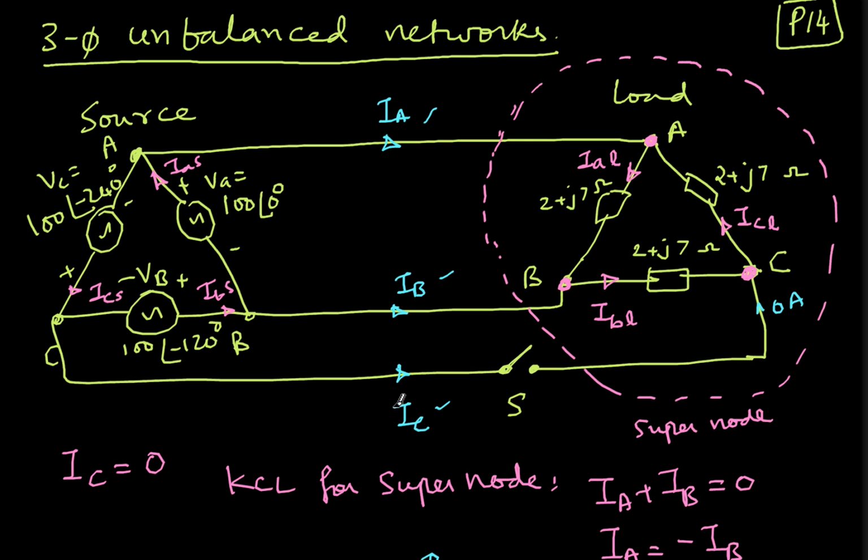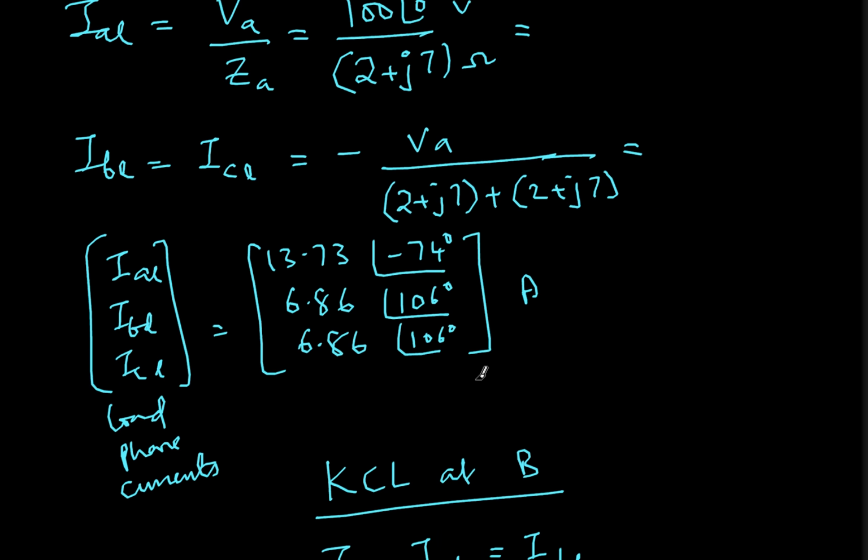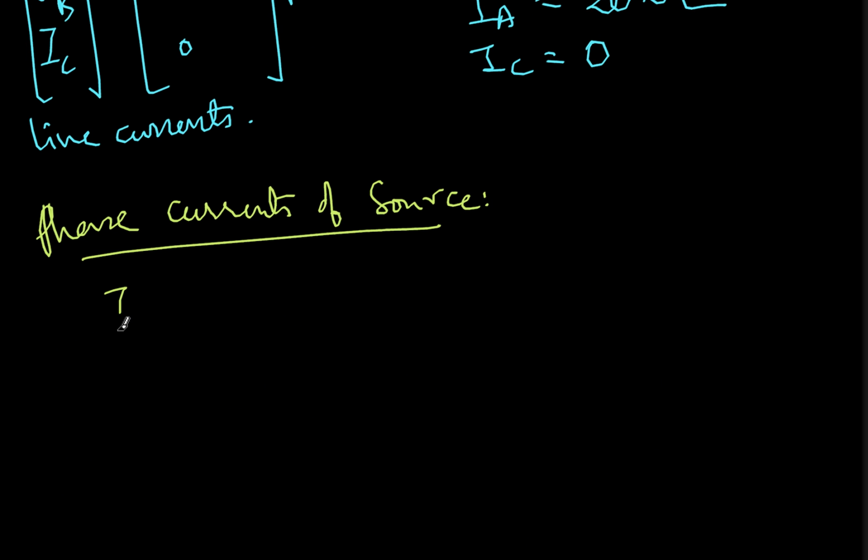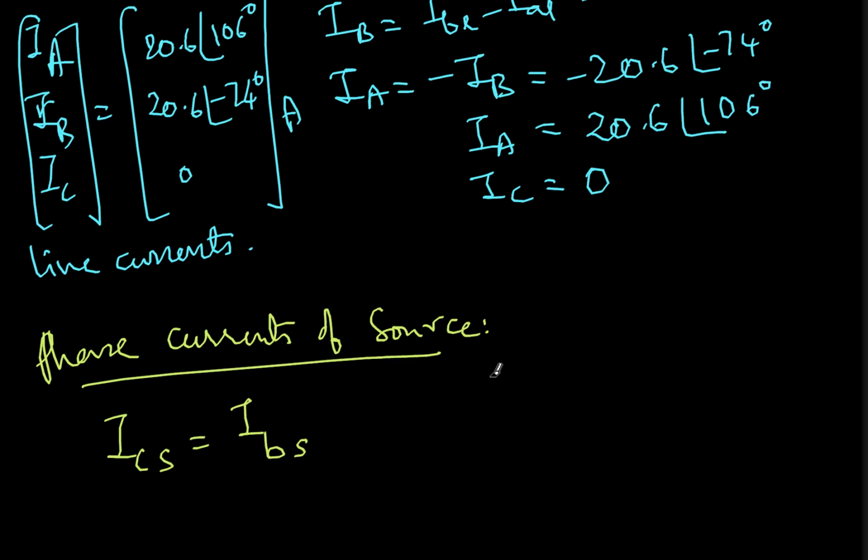One thing you can notice right away here is IC is 0, so therefore there is no current on this branch. So ICS will be equal to IBS. The C phase source current will be equal to the B phase source current.